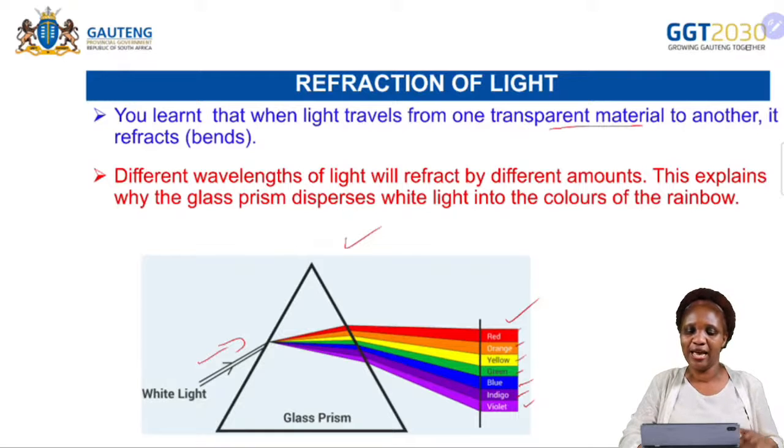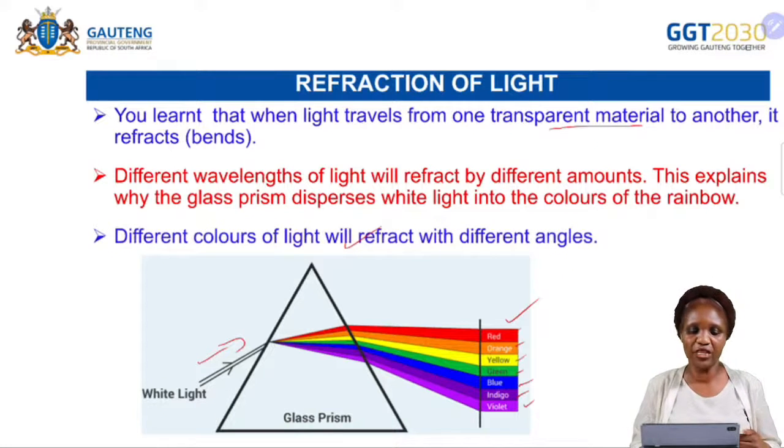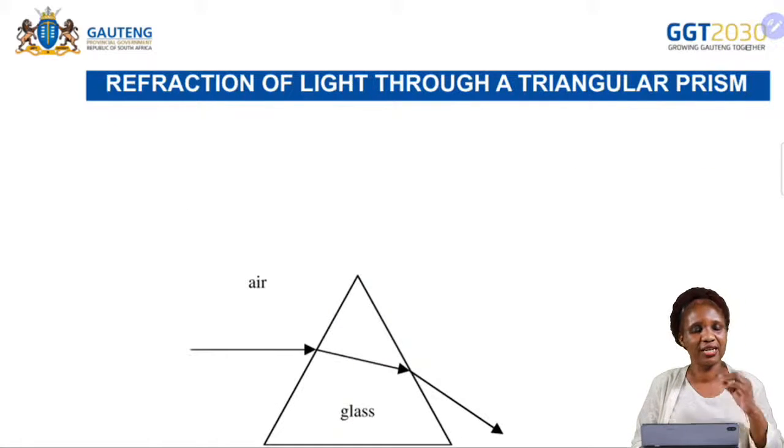Okay. And then different wavelengths of light will refract by different amounts. This explains why the glass prism disperses white light into the colors of the rainbow. Okay. Let's go on. Different colors of light will refract with different angles. They will refract differently.